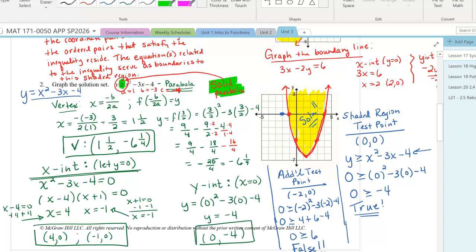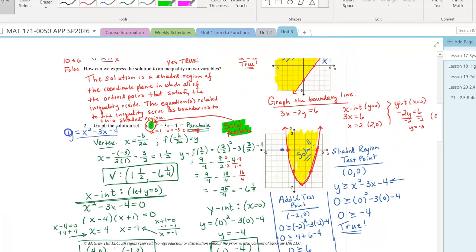For a parabola, you could either use transformations if you put it in vertex form, or you can just find the vertex and the x and y intercepts, which is what I did here, so that I could make an accurate graph of the parabola. And then you pick a test point to see which of the regions work, either inside or outside the parabola.